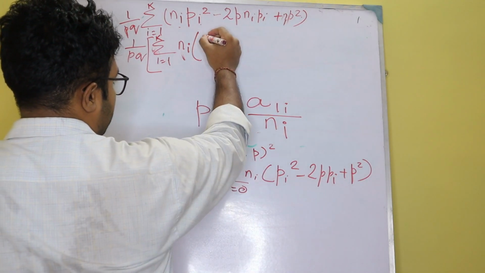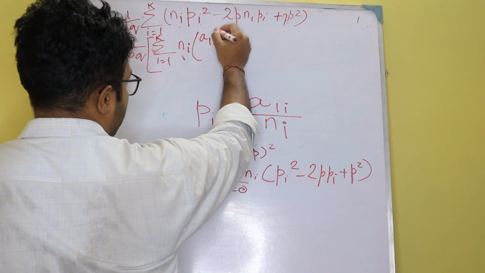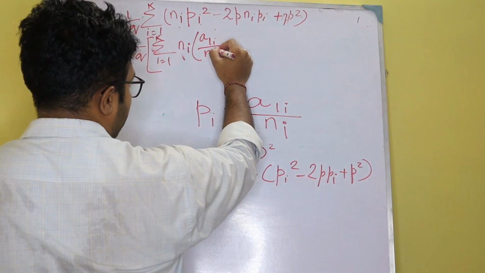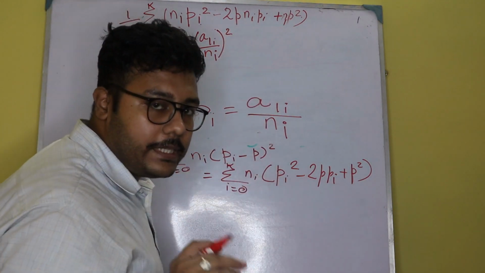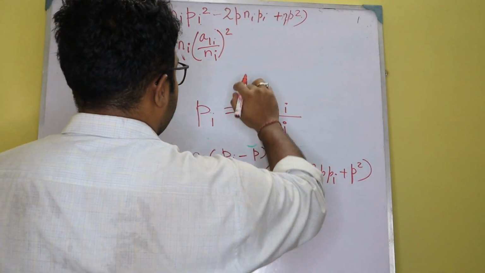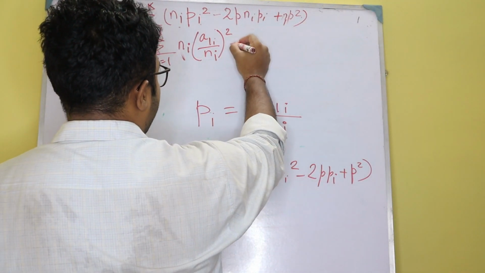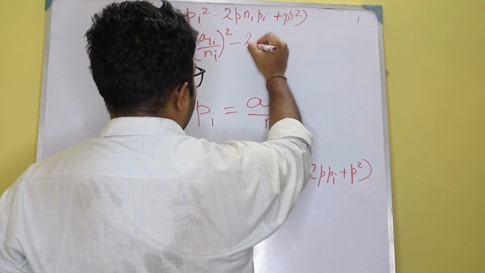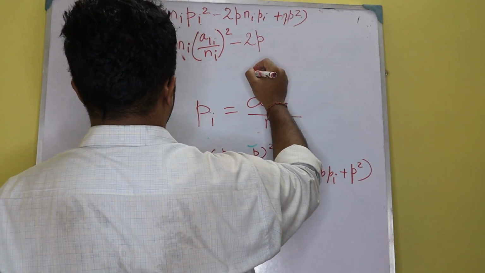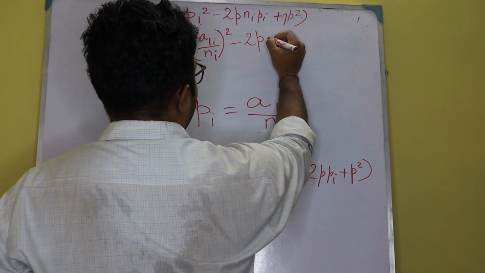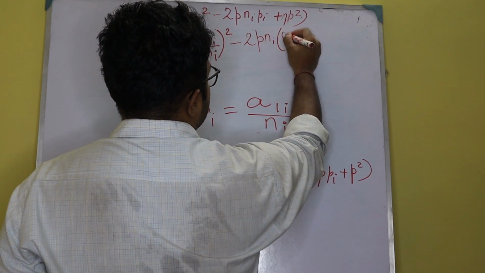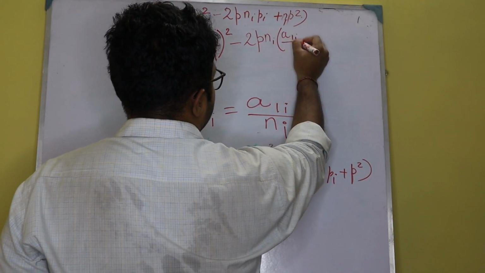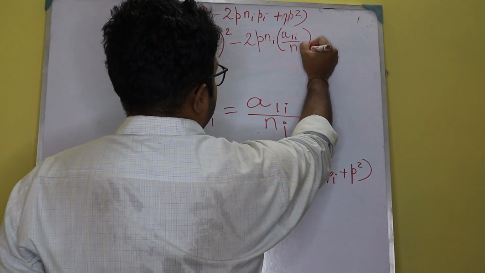I am putting this here, a1i by ni whole square. Then again here it's ni and pi. So I am putting here 2 into p. And what is ni? I am leaving here as ni. Pi is a1i by ni.